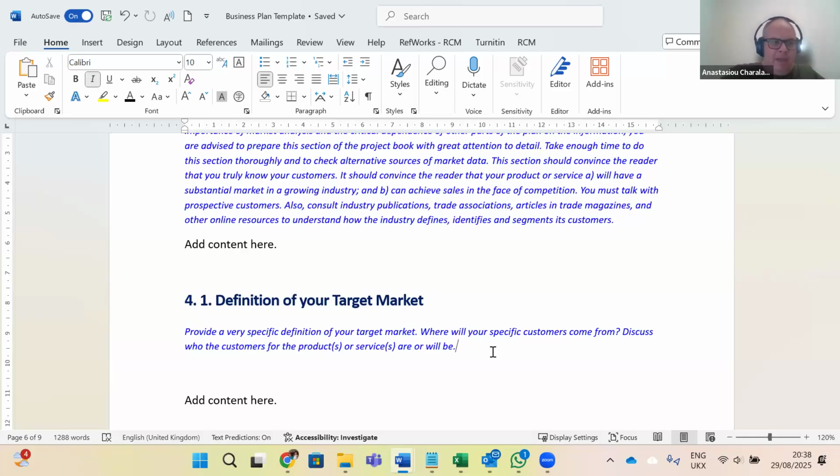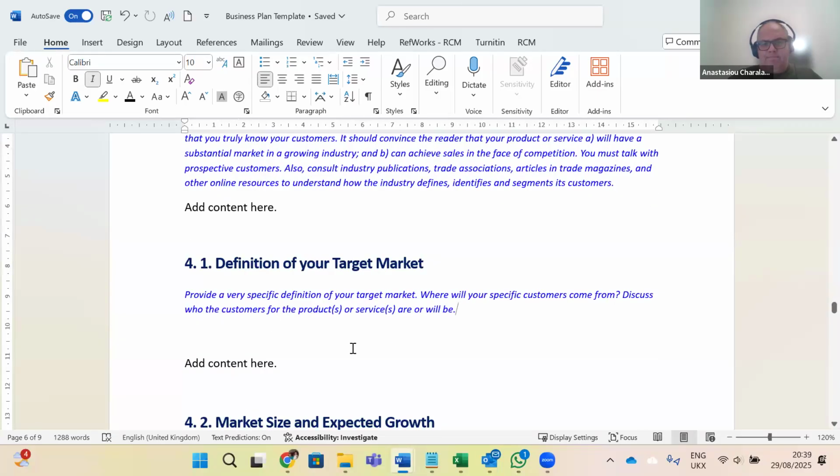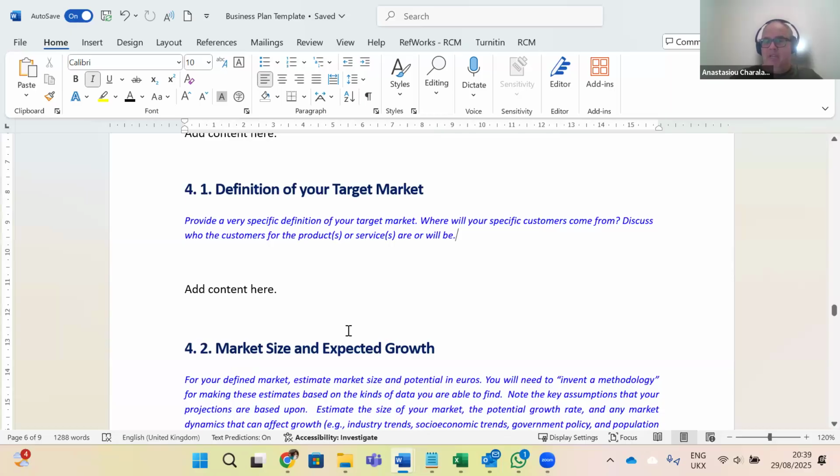But let's say you're building a tool to make installation of photovoltaics easy. Okay, so you're developing some software that would allow these installation companies to plan the whole installation, what parts they need. So your target market in this case would be the installers. Okay, so again, I'm giving examples. This is what it means to describe what your target market is. What type of service are you going to be selling them? Okay.